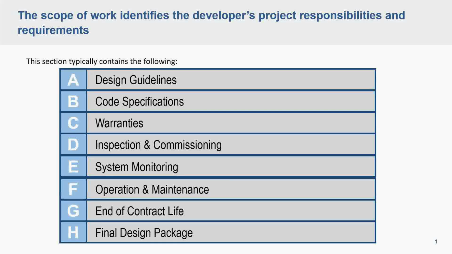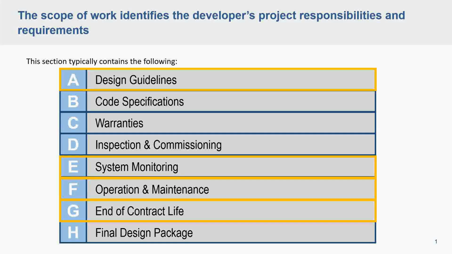A lot to cover in 10 or 15 minutes, so I'm just going to focus on 4 of these: the design guidelines, system monitoring, O&M, and end of contract, and provide some information to at least get you thinking in these sections that are a little bit more project specific. The other ones are a little bit boilerplate, typically just what's included in an RFP.